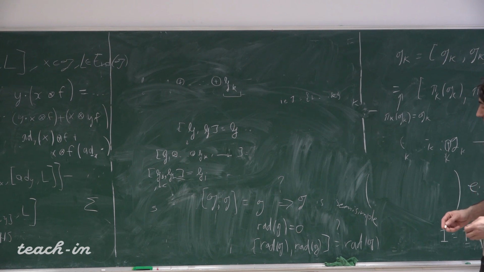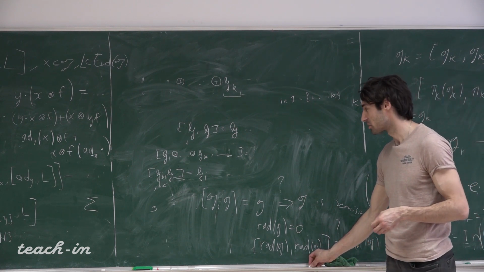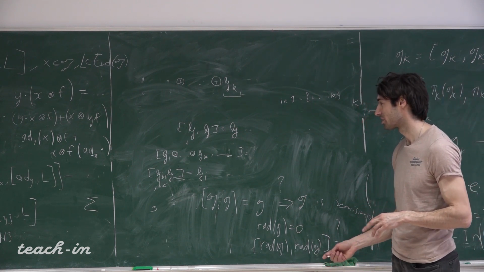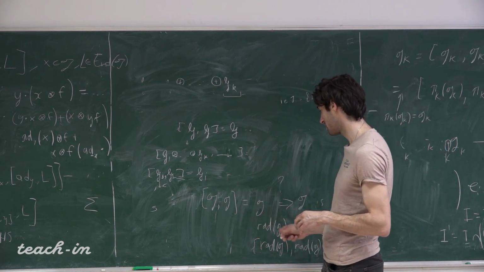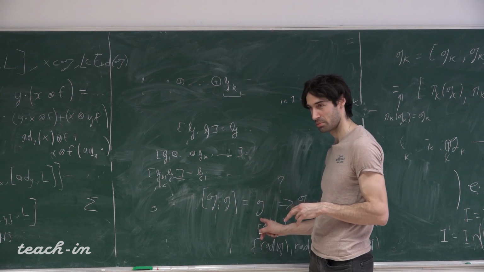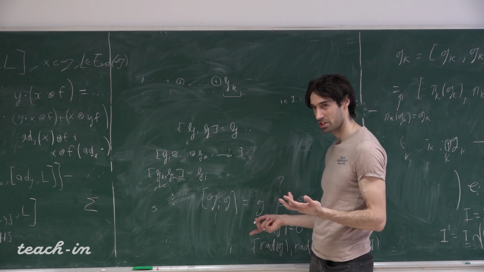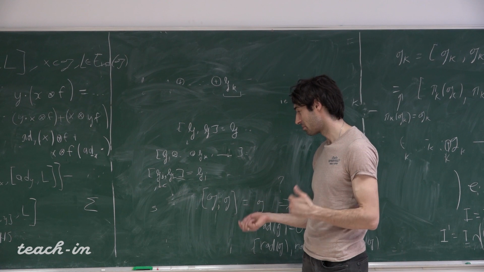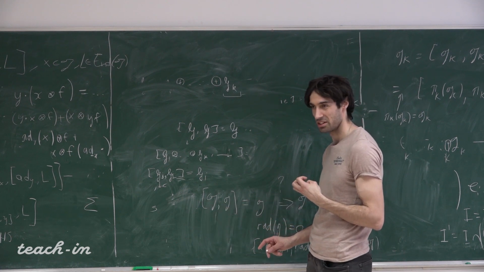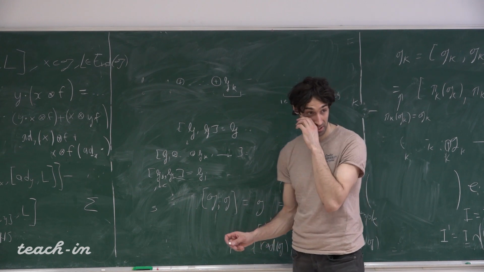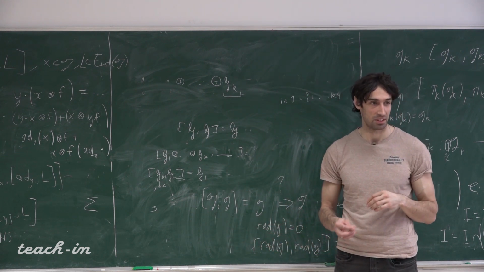So the question is that converse statement, is that true? We proved if G is semisimple, then the following happens. Suppose that I have some Lie algebra for which this happens. The question is whether it's semisimple or not.